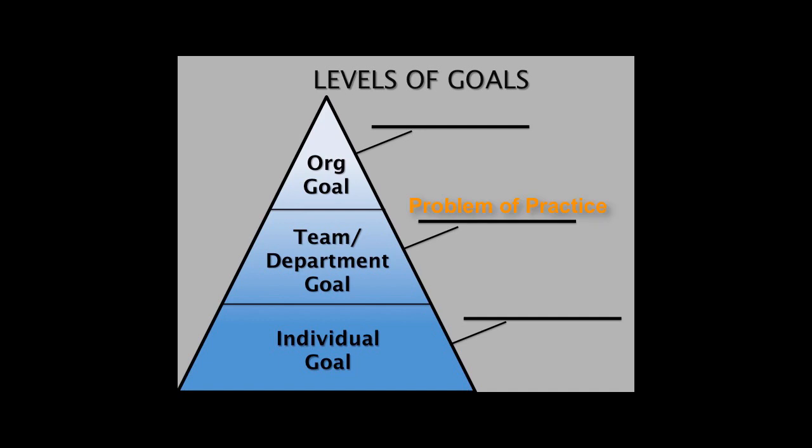Your problem of practice, which you just translated and adapted to a goal, may appear as one of these levels of goals. In other words, at the very top we have the organizational goal, and then we have team or departmental goals, and then we have individual performance goals, the goals that you and I perform on a daily basis.